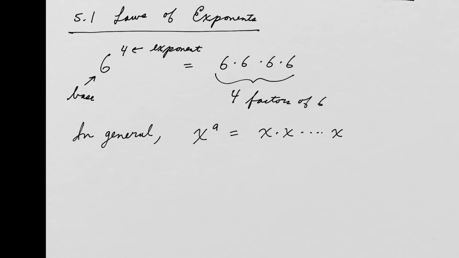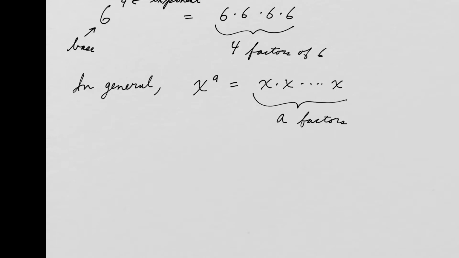So there's a factors of x. So like in the example above, the x would be the 6 and the 4 would be the a. So there would be 4 6's, right? 4 x's. And again, this is true where a is a positive integer.